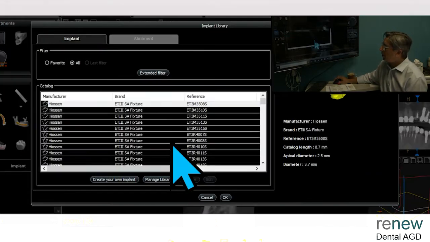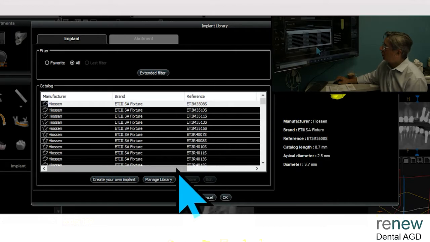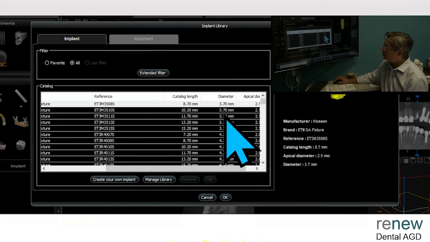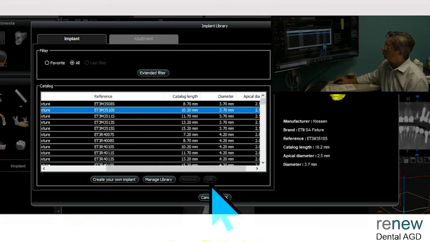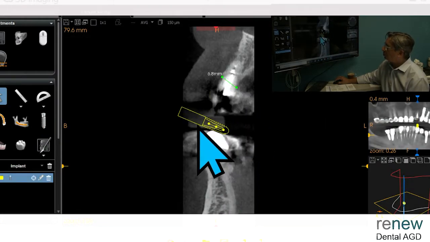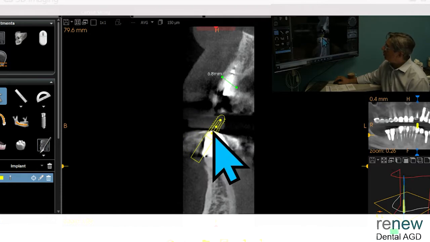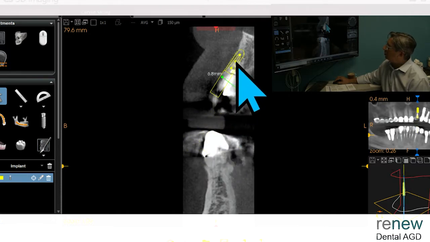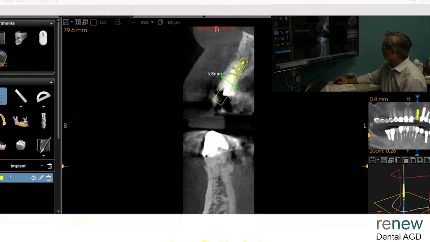I don't like immediate implants too much because in a cosmetic area, I don't ever want to make things worse than they already are potentially. So you could do an immediate implant here. Don't say you can't. And if you did something like that, maybe even graft over that.